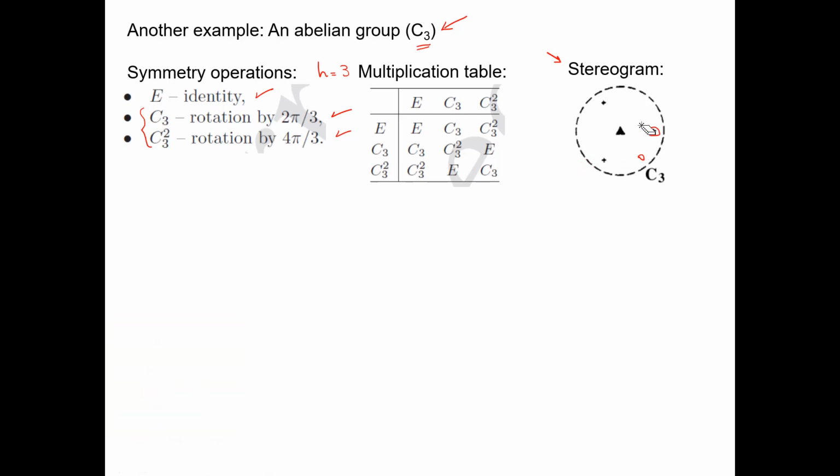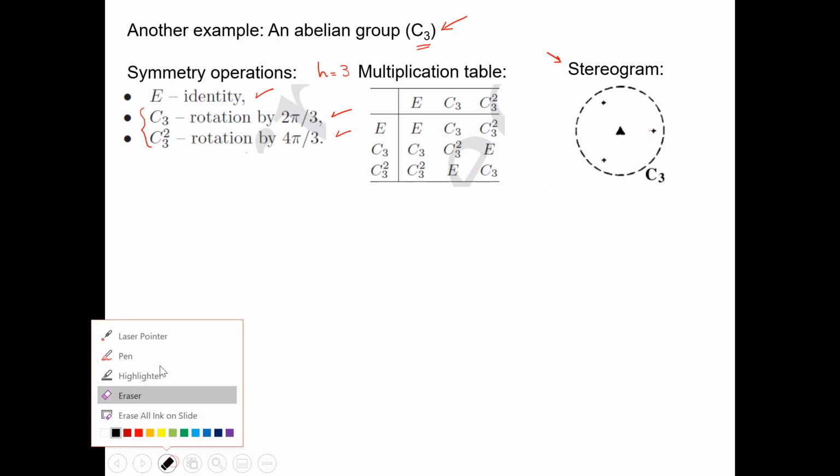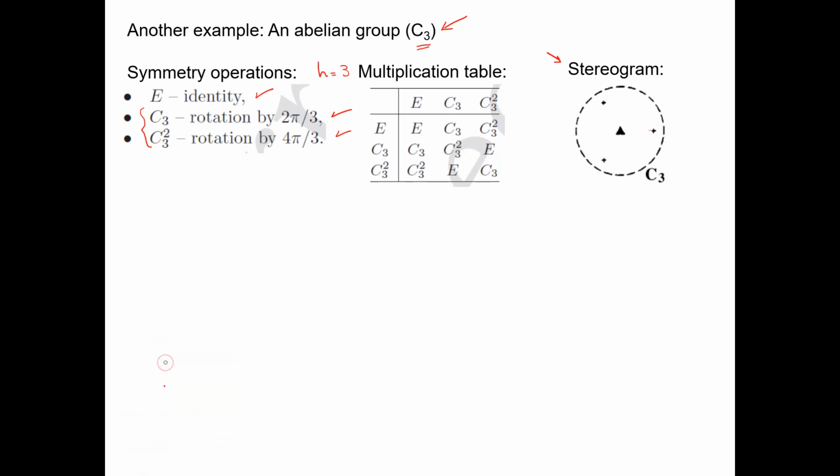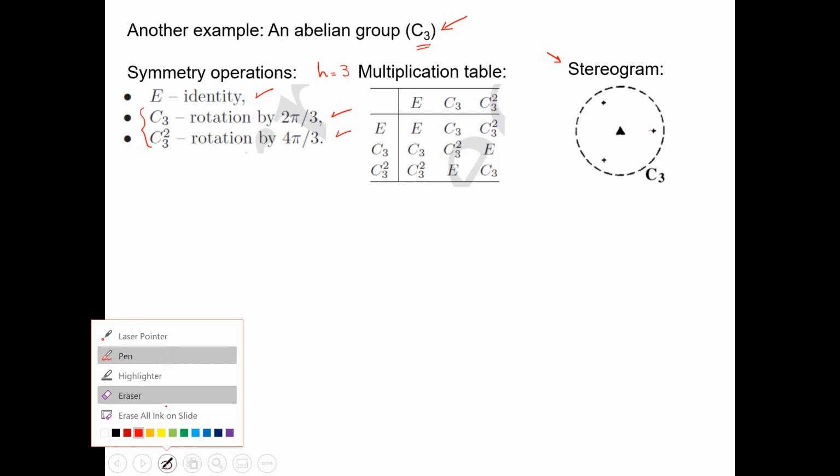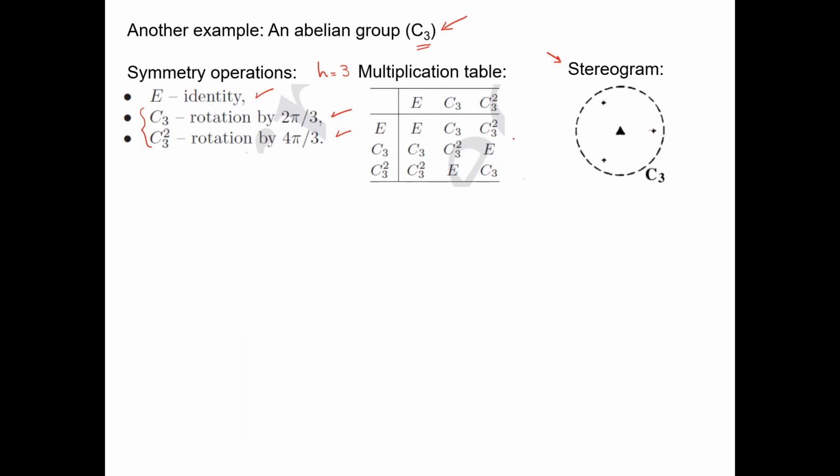Also, in this sphere you have an object here in the center, which in this case is a triangle, and by combining the positions of these dots and the shape of the triangle, you can see that the only operations that you have in this case are these rotations.